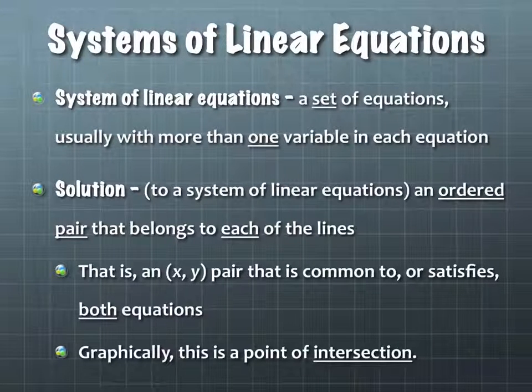There are lots of ways to do that. We're going to look at the two that are most accessible, maybe the easiest conceptually to do, and certainly the most accurate. One of the ways we're not going to look at, and it's often taught, is graphically. If I could graph both lines and visually see where they cross, that'd be super nice.